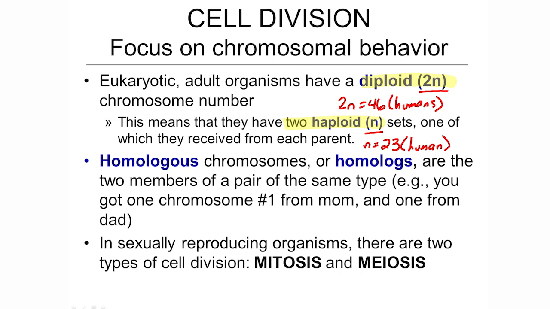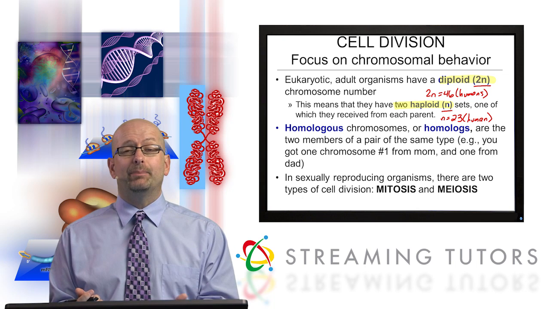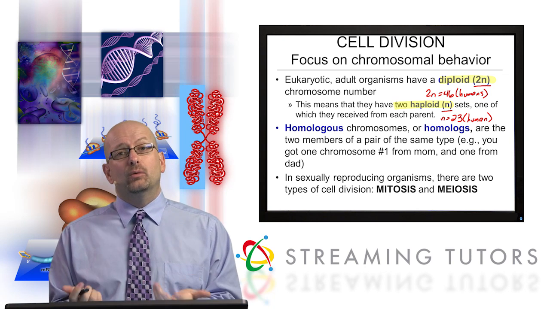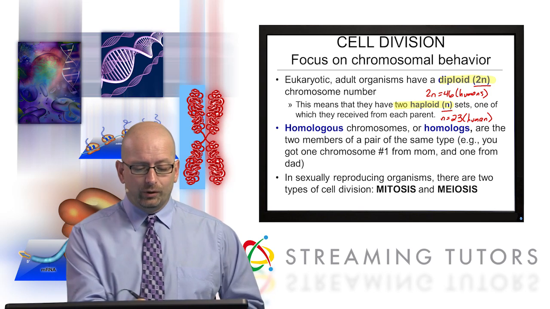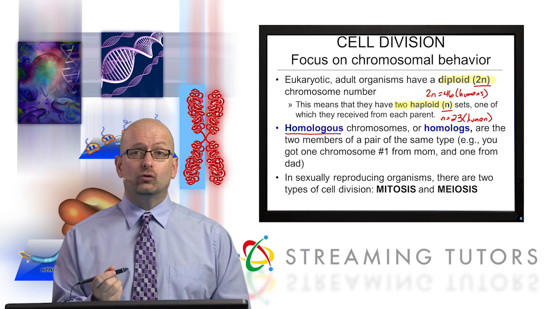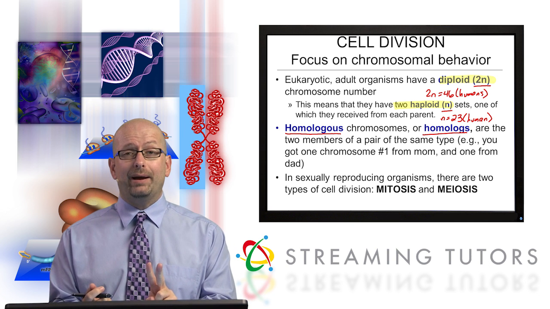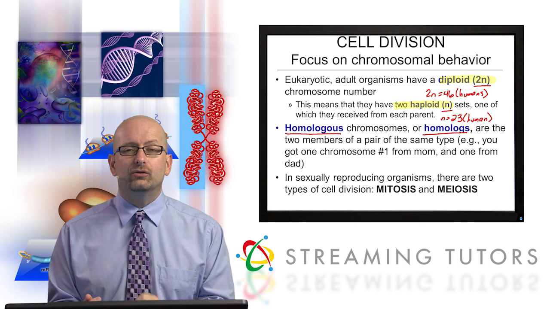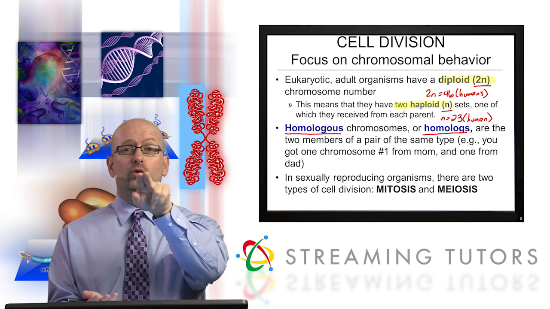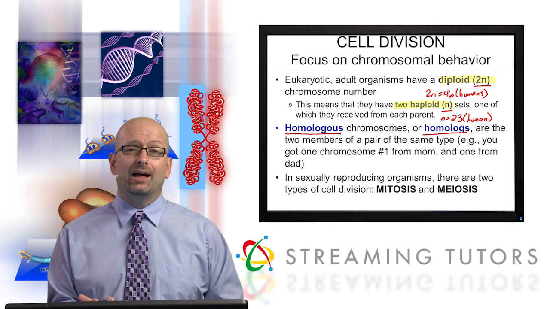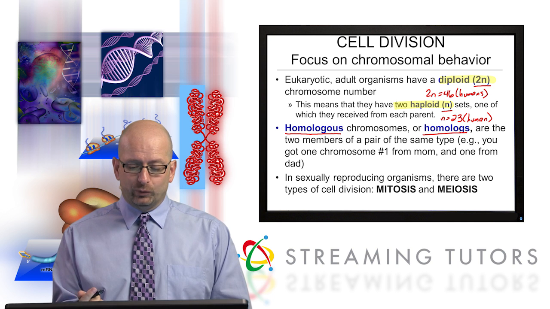So another way of looking at this is that you have two chromosome number ones, perhaps obviously since they're part of the set, but you got one number one from your father, one number one from your mother. And the two number ones are similar in a variety of ways. So they're referred to as homologous chromosomes or homologs or even homologous pairs because they are a pair. So I guess my bottom line is you can think of it as having two sets of 23 or 23 pairs of homologs. It is what it is, as they say, but those are two different ways to envision it.